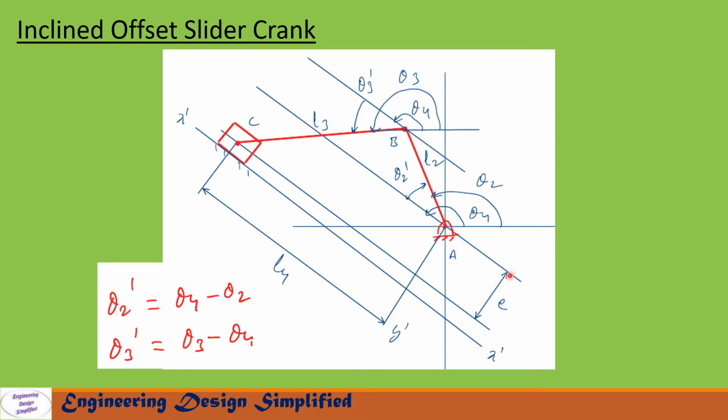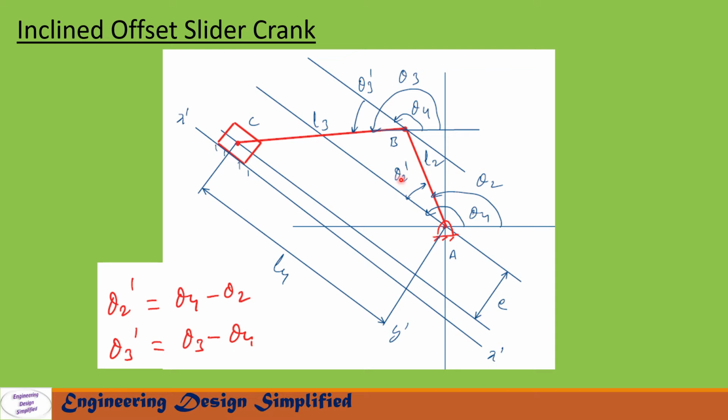Now let us draw a line that is through this center of this crank, that is parallel to this x prime axis. So now let us call this angle between this red line and this line is theta 2 prime. So theta 2 prime can be written as theta 4, that is from here to here, minus from here to here theta 2.